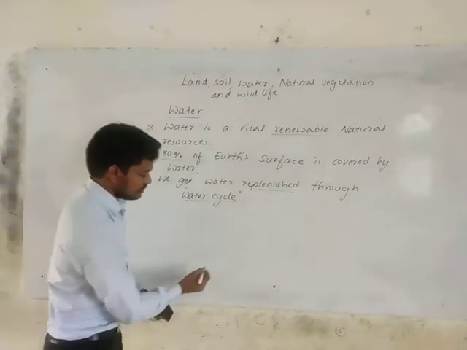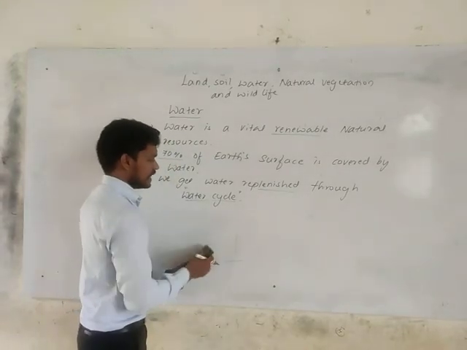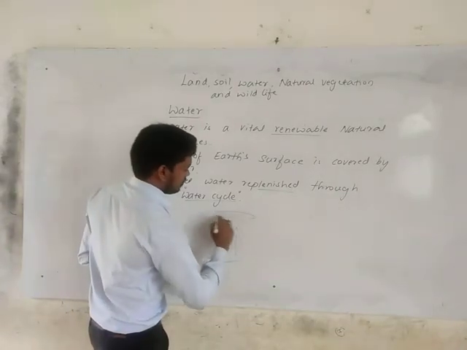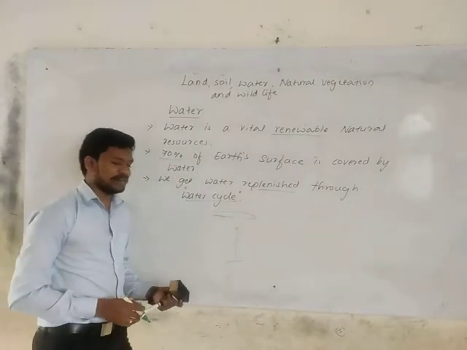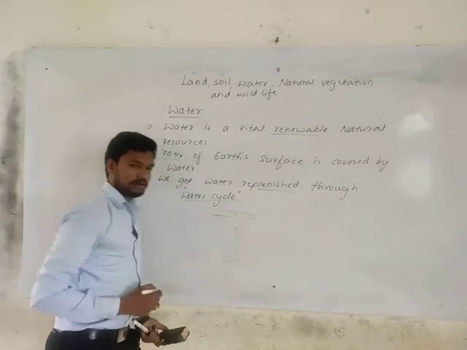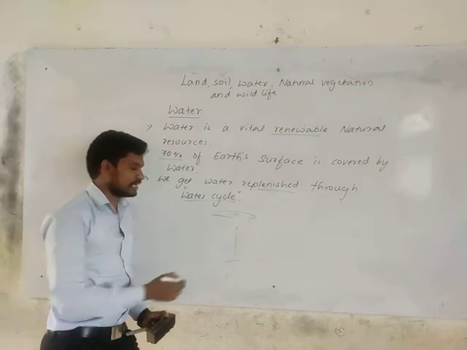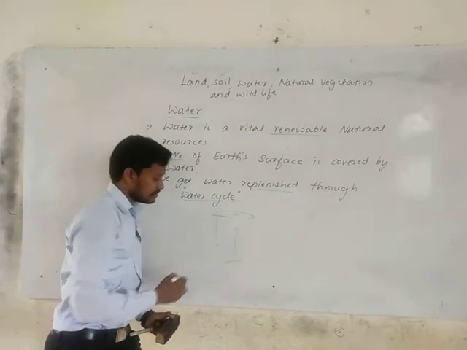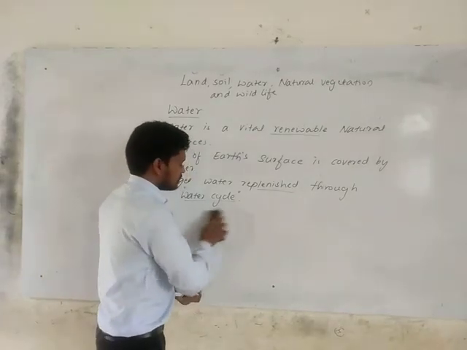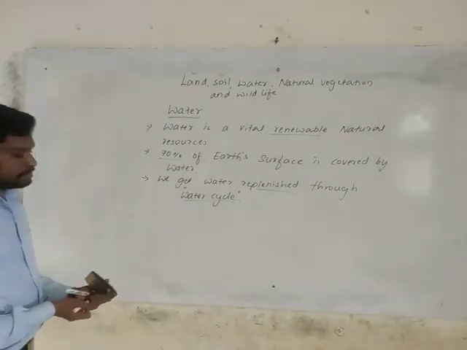The water will be evaporated because of high temperature, and it will be gathered in the atmosphere in some layer, and it turns to liquid and solid. The process is called condensation. Then that falls on the surface as precipitation. That's what we discussed. So through this cycle, we get water again and again.